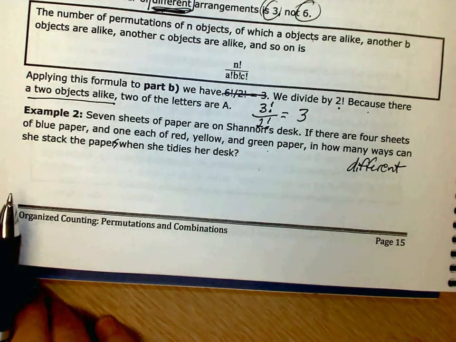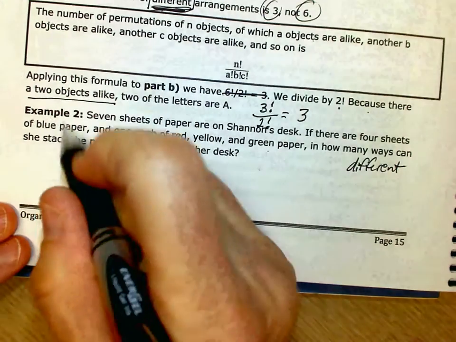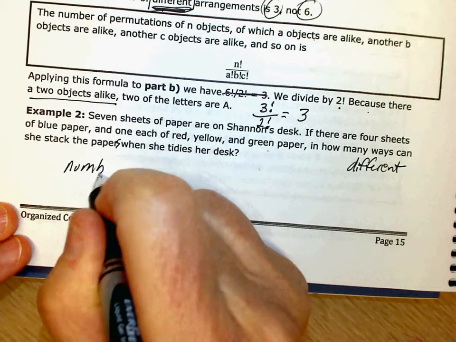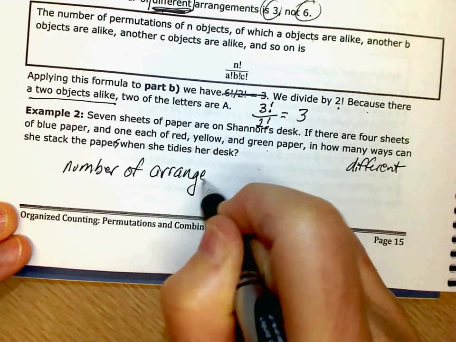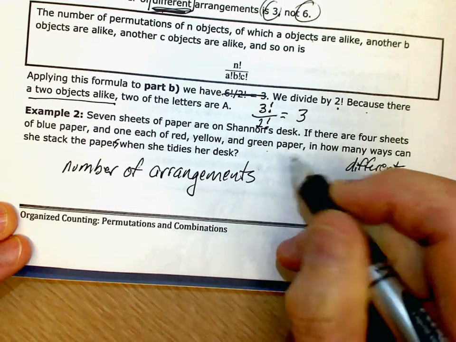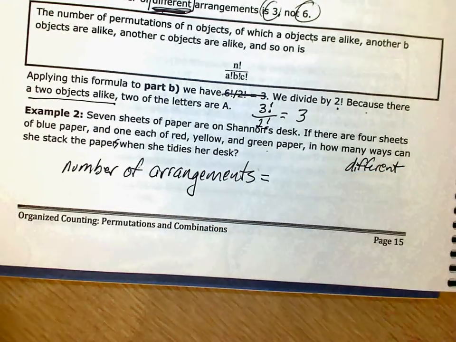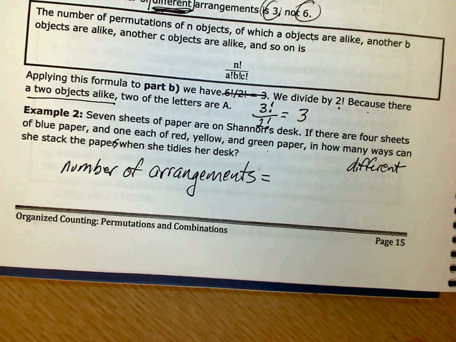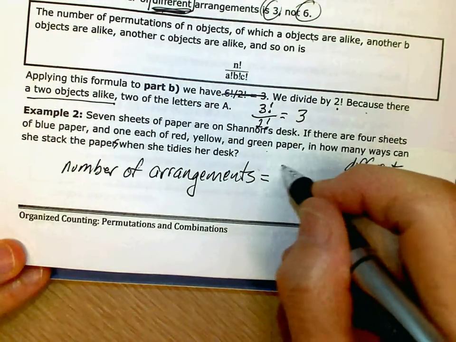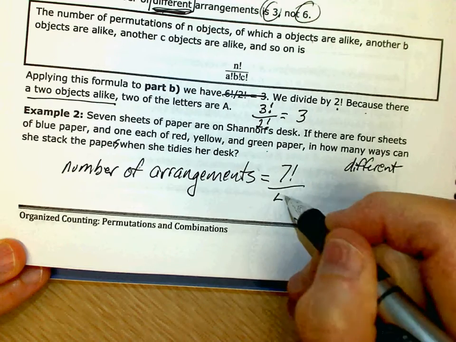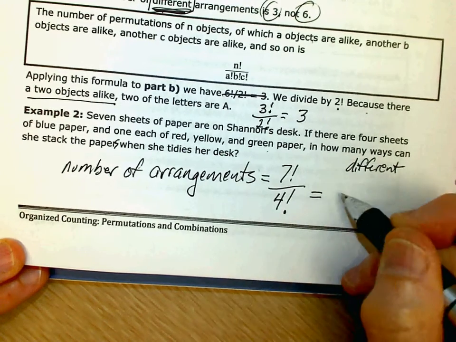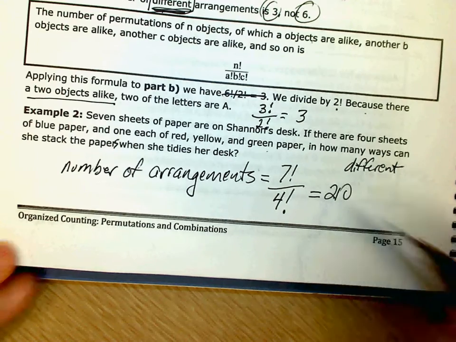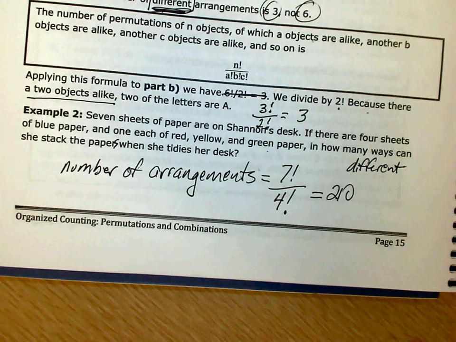Anyone want to give that a try? The number of arrangements equals what? And how did you get that? That's right. 7 factorial divided by 4 factorial, and you plug that into your calculator and you get 210.